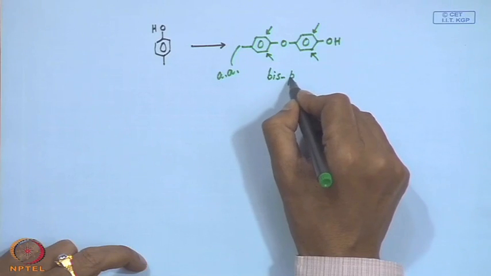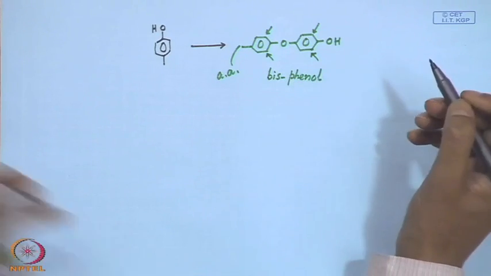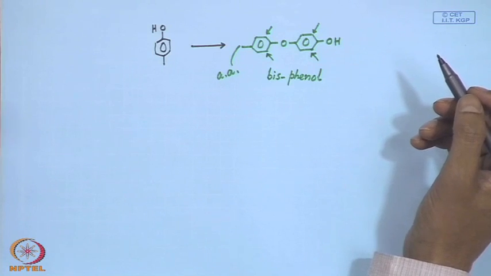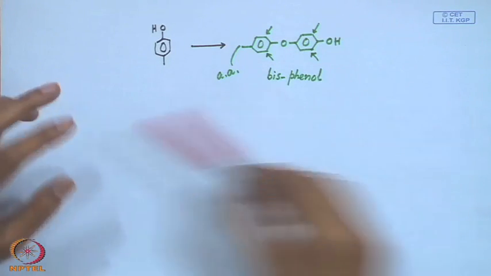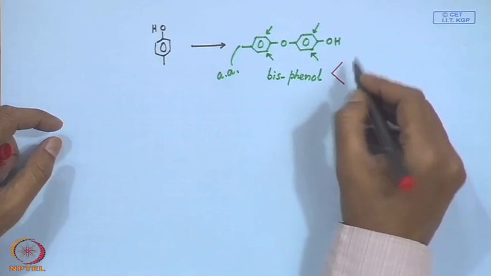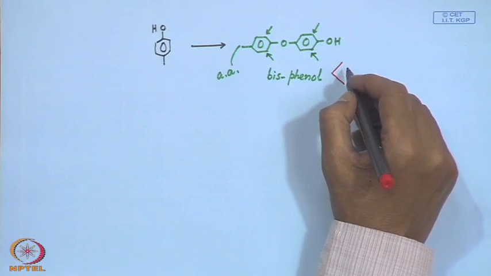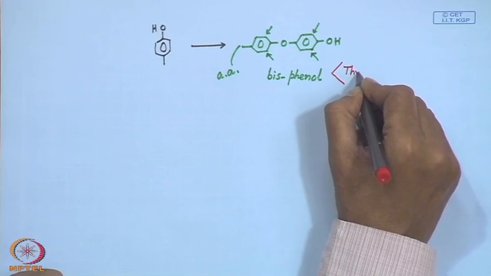So, basically we have the polymer-like formation, the corresponding bisphenol unit, and the formation of this bisphenol unit, interestingly, takes place in our body in an active gland, which is the thyroid gland.